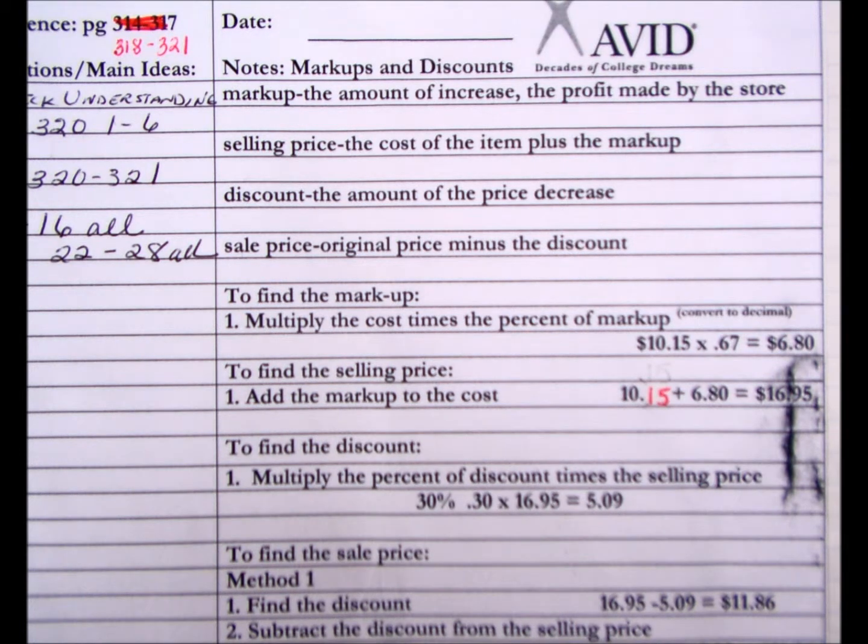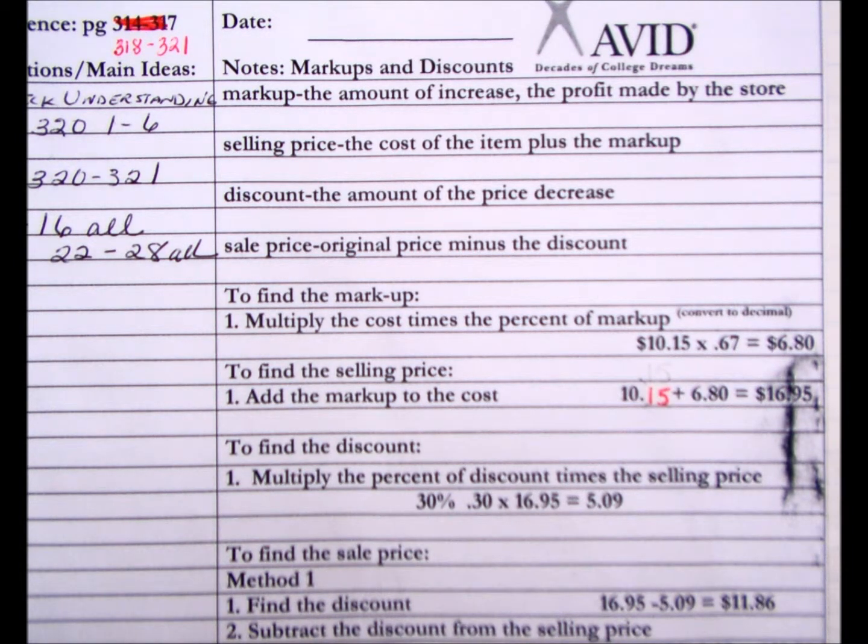Now, there is a shortcut for this. If you are looking for the selling price, put a 1 before the markup, so I would put 1 and 67 hundredths and multiply that, and I would come up with the answer $16.95 in one procedure. Otherwise, you have to find the markup and then add it to the cost that you're working with.